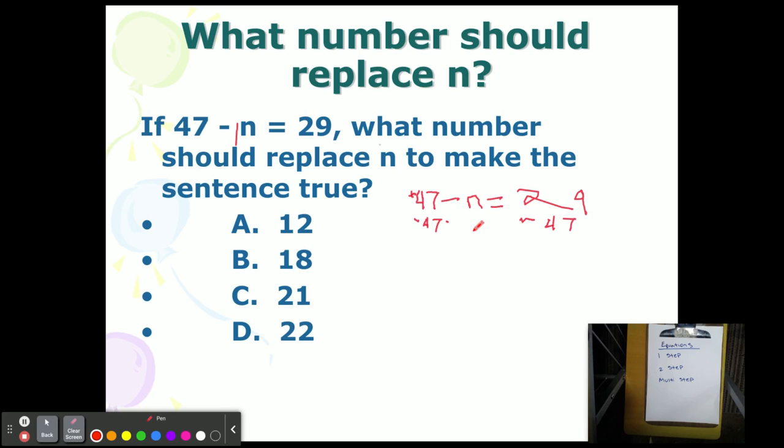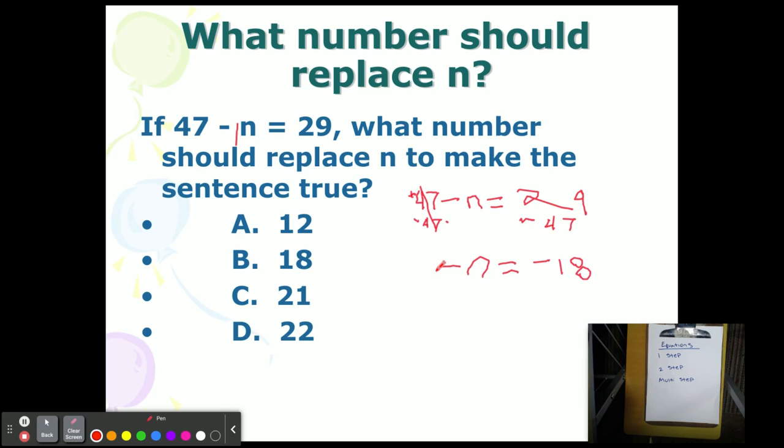So to complete this problem, I'm going to rewrite it. That cancels out. This is going to be left with negative n on this side equals negative 18.